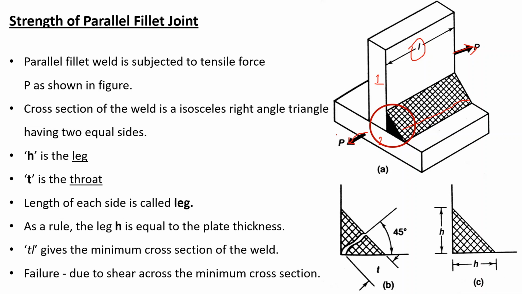An enlarged view of this cross section of the weld is shown in figure B. Since this is an isosceles triangle, this length is equal to this length, and we call this length the leg of the weld, denoted by the letter H. As a rule, we take the leg of the weld as the thickness of the plate.